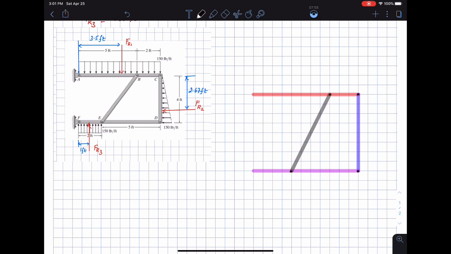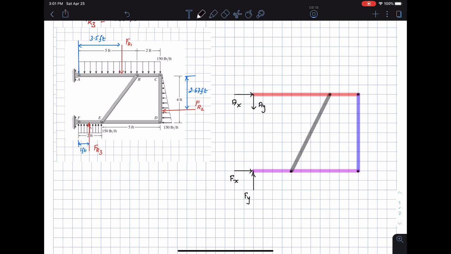At A, I have AX and AY. I'm going to draw AX here, and then AY, which I assume to be pointing vertically down. Then at this point I'm going to have FX and FY. So this is FX, and here is the force FY.